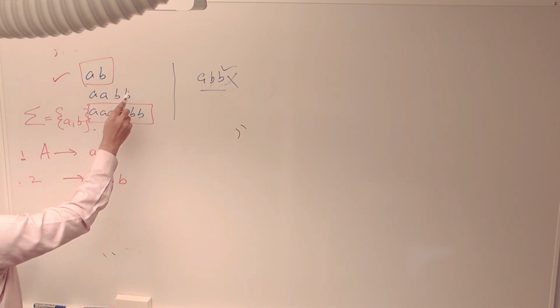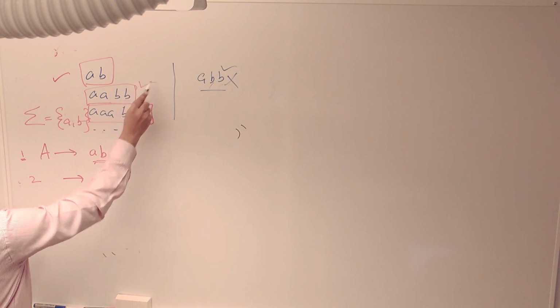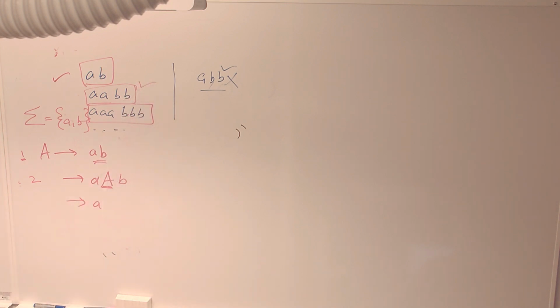Let's take this one first. If I have to derive this word, I take A and replace this one with this one. I get this word. That's fine.